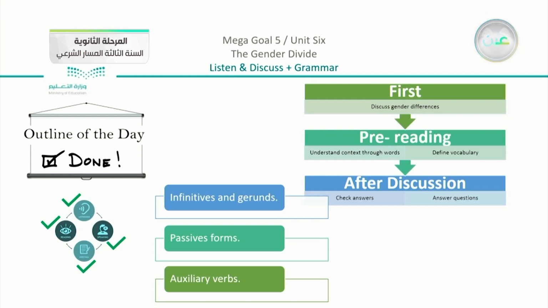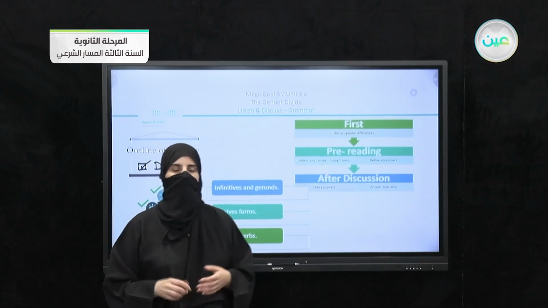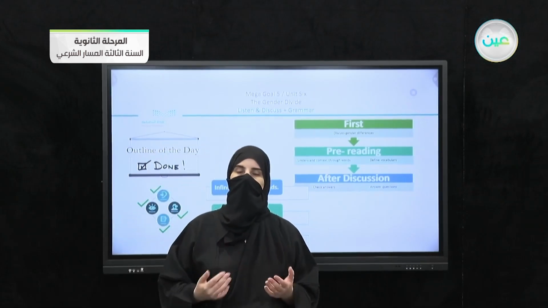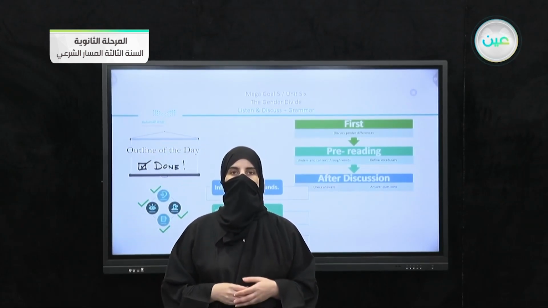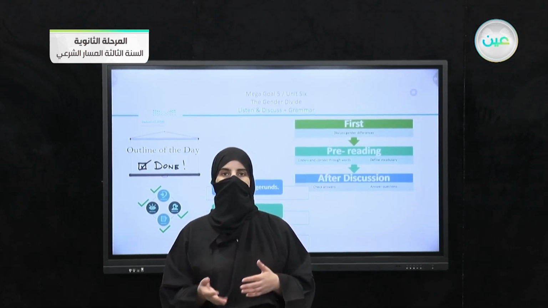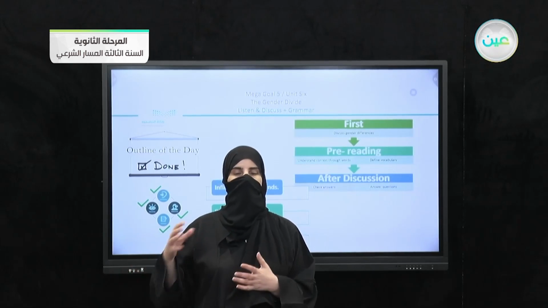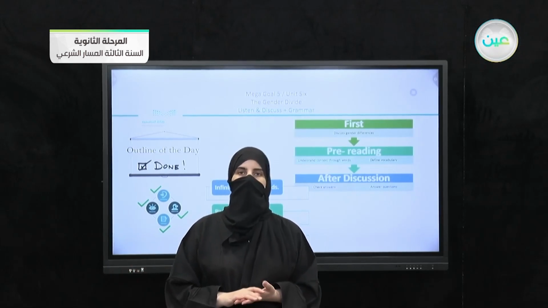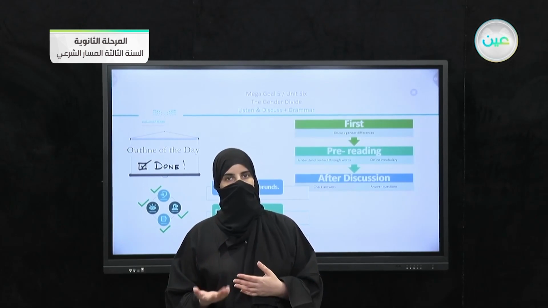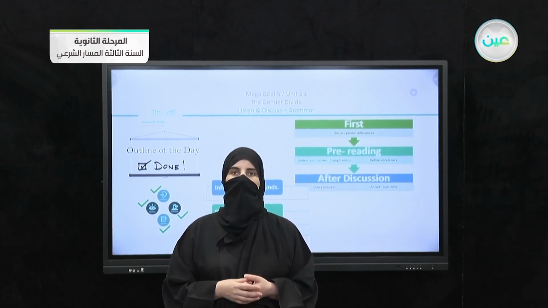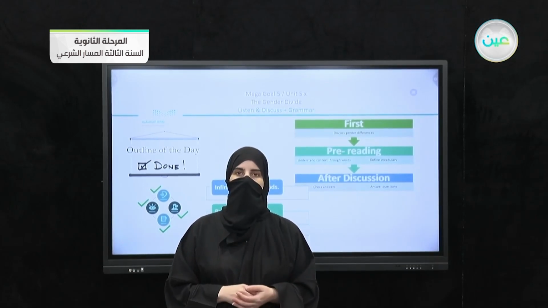We turned these infinitives and gerunds into passive forms, and we also used auxiliary verbs in the sentence. So these are the two lessons that we have here today. We have discussed the listen and discuss part, and also we have studied the grammar structures in the second part. So just look at the exercises that we have in the book. We will complete them inshallah in our next lesson, so be ready.